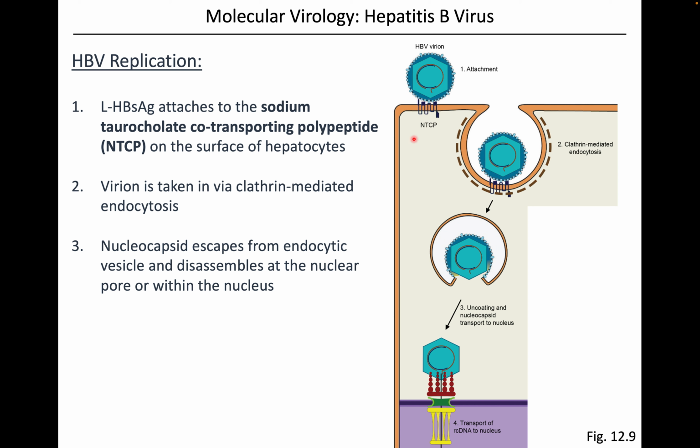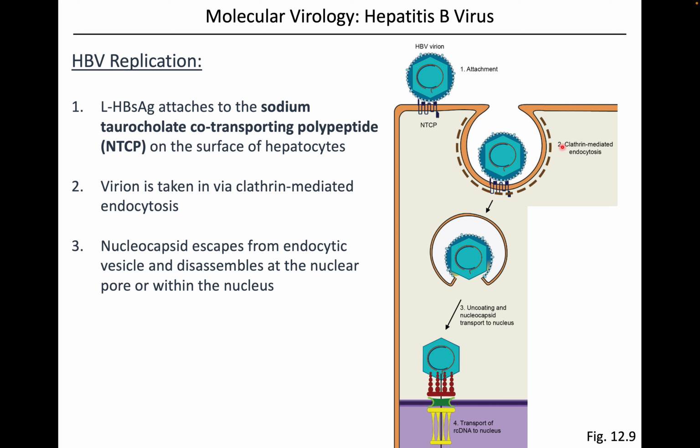So attachment, we do know what the receptor is, this NTCP protein, and we do know that interaction is going to be mediated by at least one of those glycoproteins, the L-glycoprotein on the surface of the viral envelope.